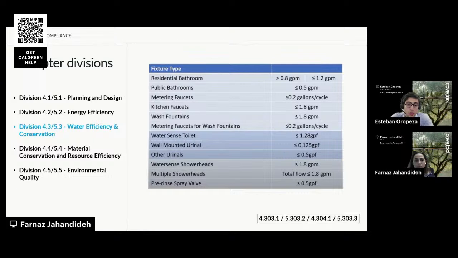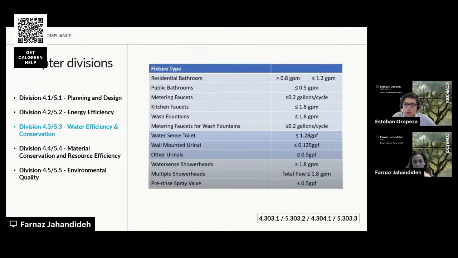Another thing to note is that residential bathroom faucets have a maximum of 1.2 gallons per minute, and they are the only fixture with a minimum rate of 0.8 gallons per minute. Sorry, that's the limit there for those types of fixtures.